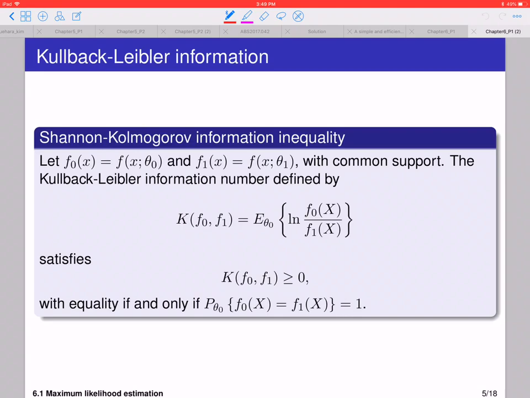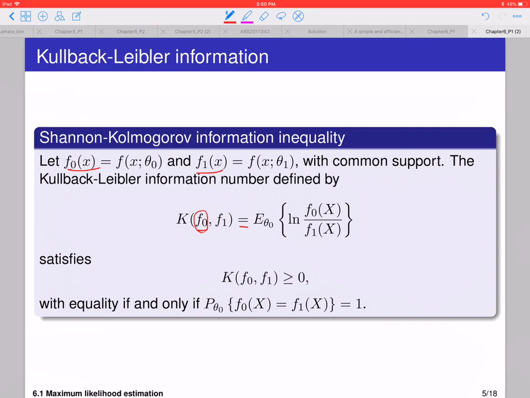Given two density functions, it is kind of a distance between them, but the way it is defined is this one. Given f0, how far away f1 is from f0. That is just the definition of Kullback-Leibler information.